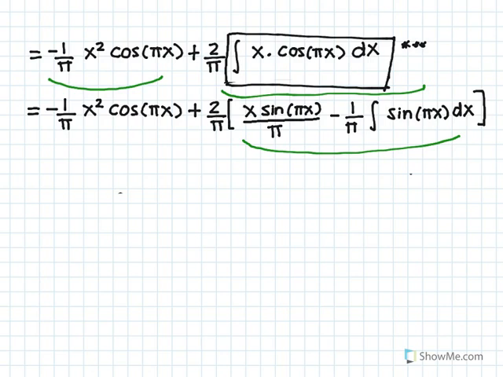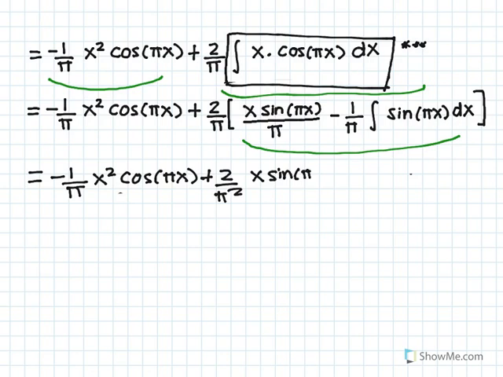So let's write the result that we have from before: negative 1 over pi x squared cos of pi x. And doing a little bit of algebra, we get plus 2 over pi squared x sine of pi x minus 2 over pi squared integral sine of pi x dx.